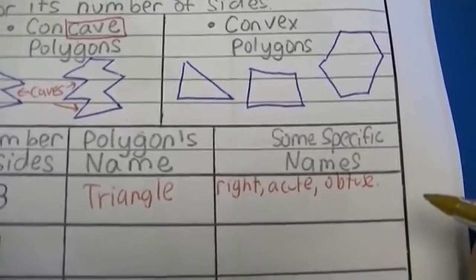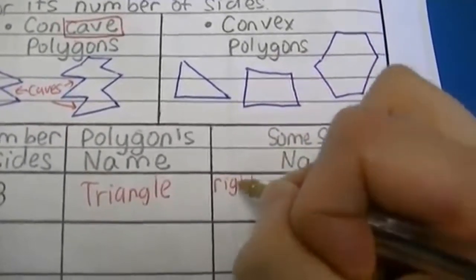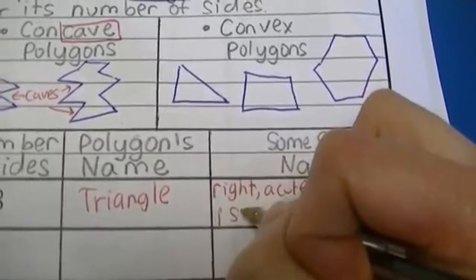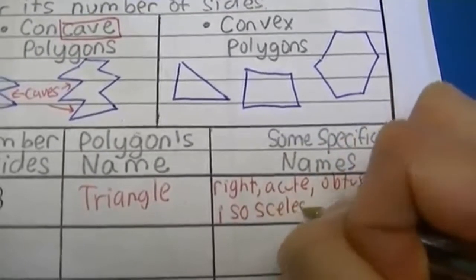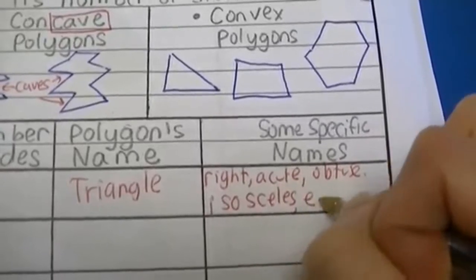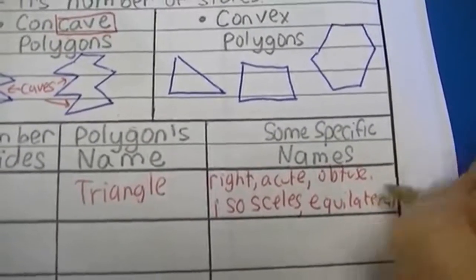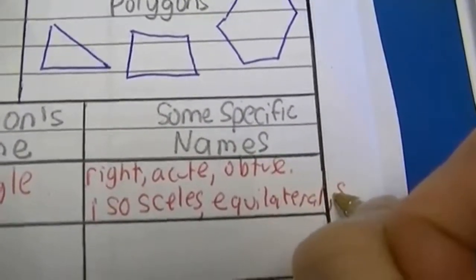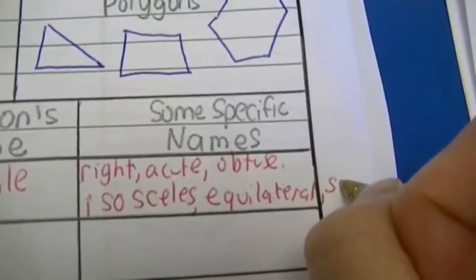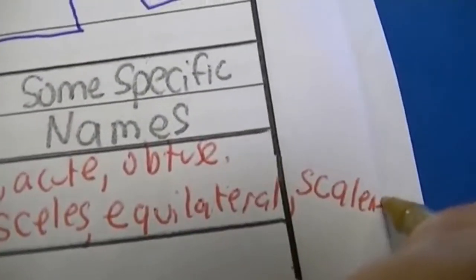If you name triangles based on the lengths of their sides, you have isosceles, that's when two of the lengths are the exact same. You have equilateral triangles, that's when all the side lengths are exactly the same. And you also have scalene triangles, and that's when they're all different lengths.